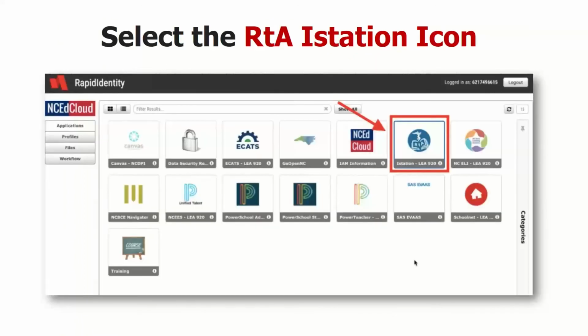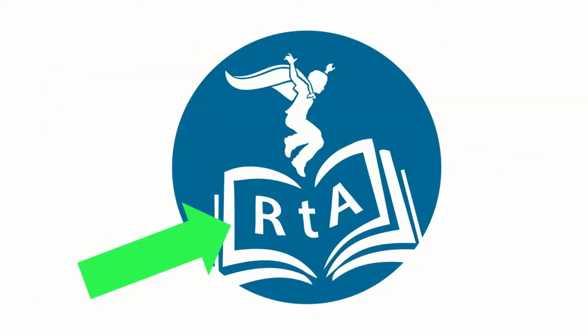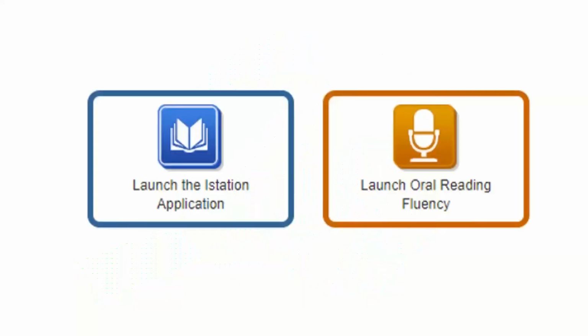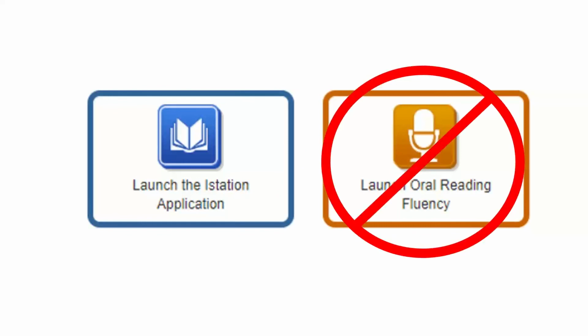And once there, they would click on the RTA iStation icon. And that looks like a child with a cape on top of a book. Once there, they would click on Launch the iStation application. You'll notice that there is an icon there that says Launch Oral Reading Fluency.